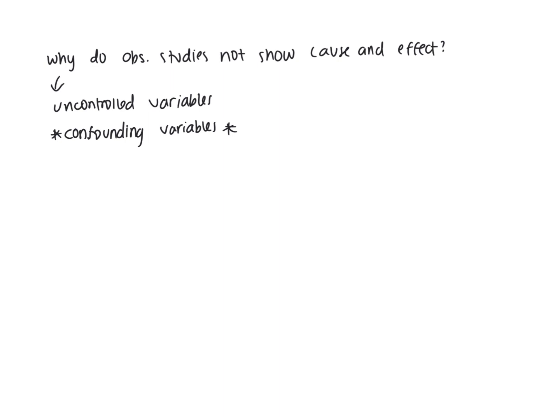Here's how you would write a sentence for this, and then that's it. I'm going to say study habits are a potential confounding variable.